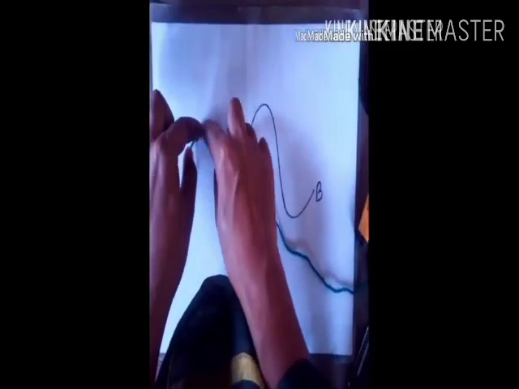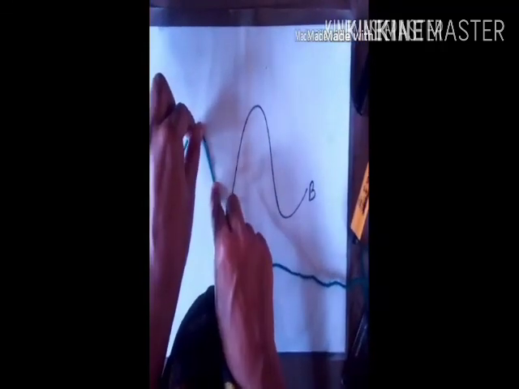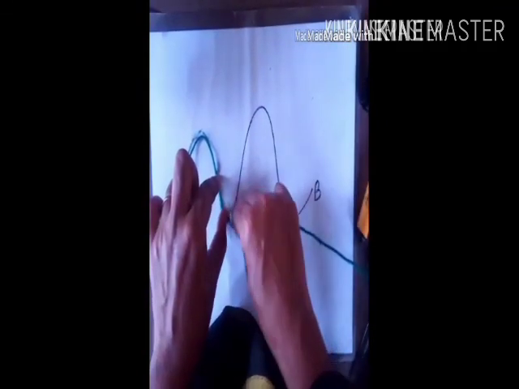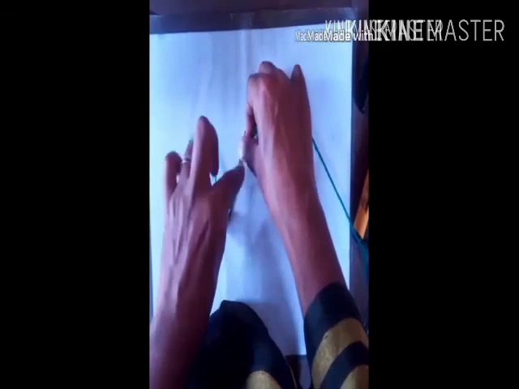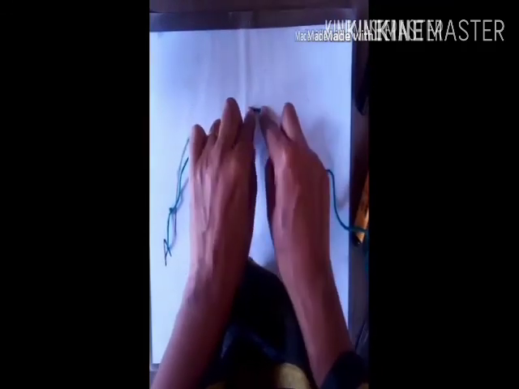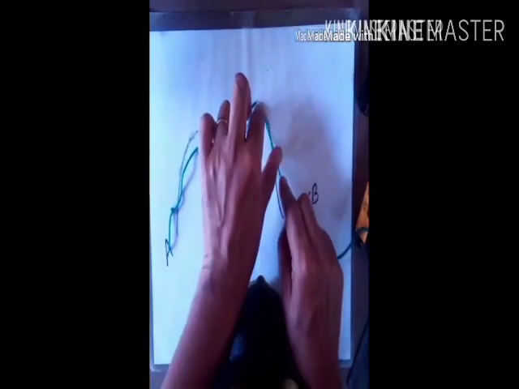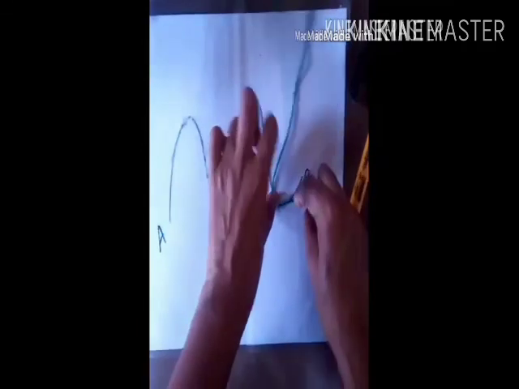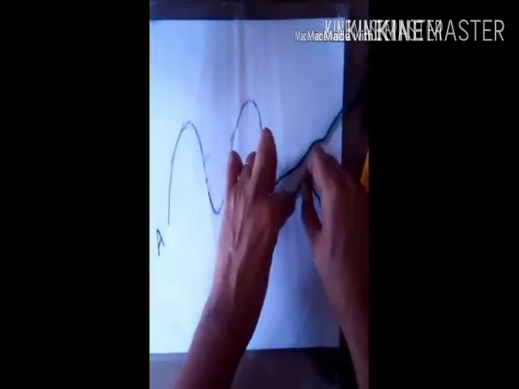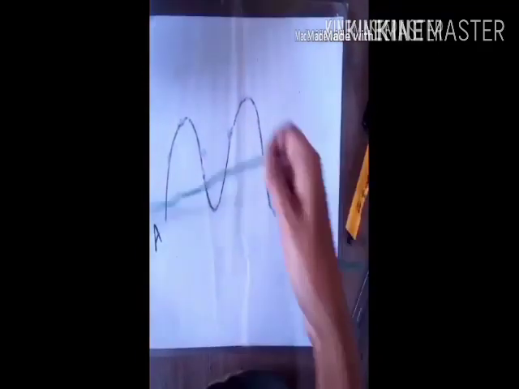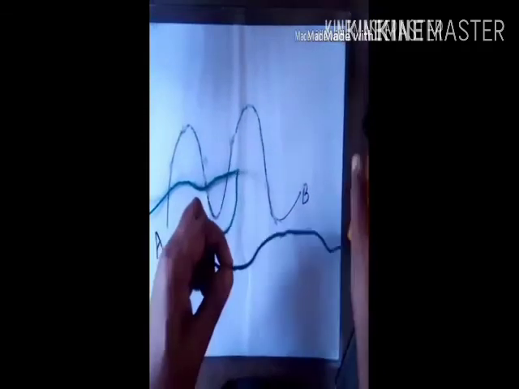See how I am moving? Using two fingers, you have to hold the length and cover it till here. So I will mark here at the end B.